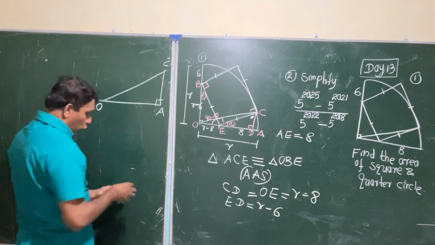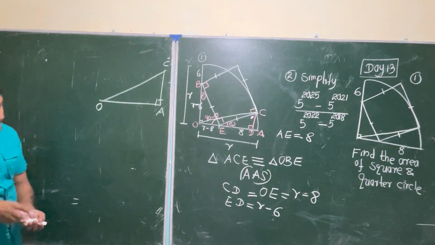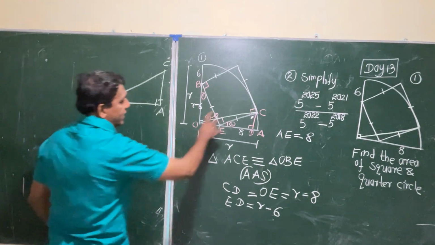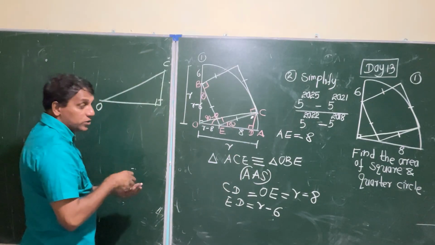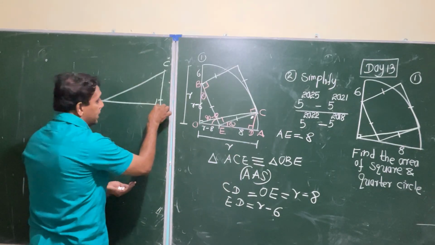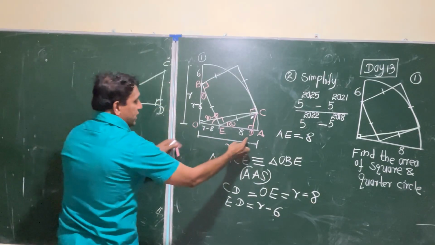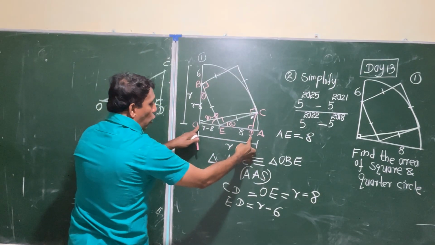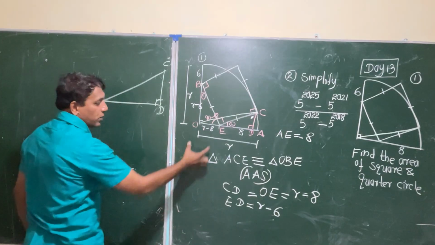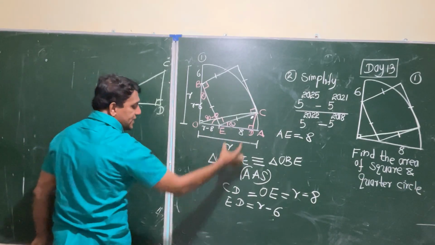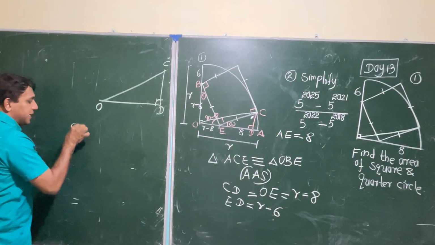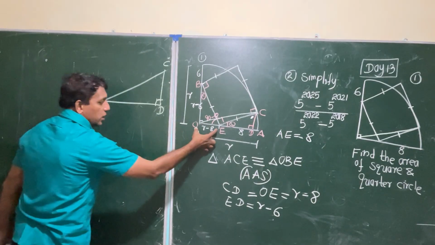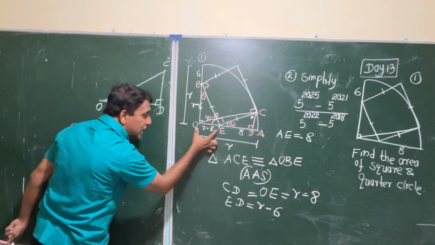So what is OA? From here, in the right angle triangle, that is OD, right? Make a D here. So what is OD? OD is OE plus ED.